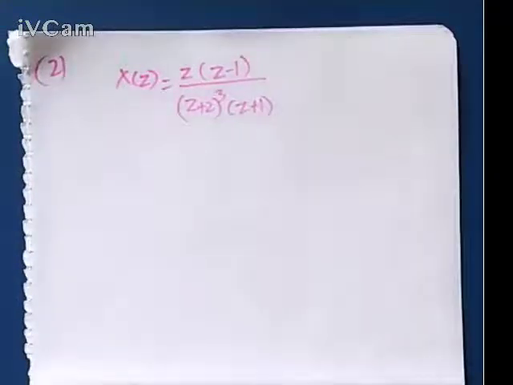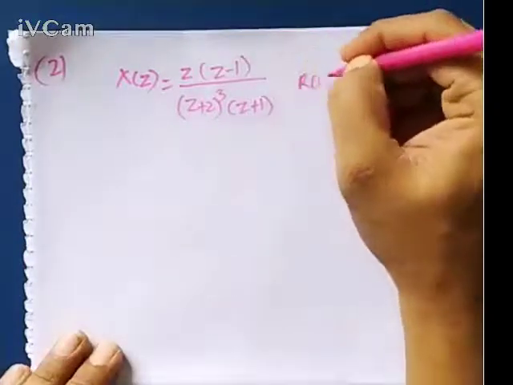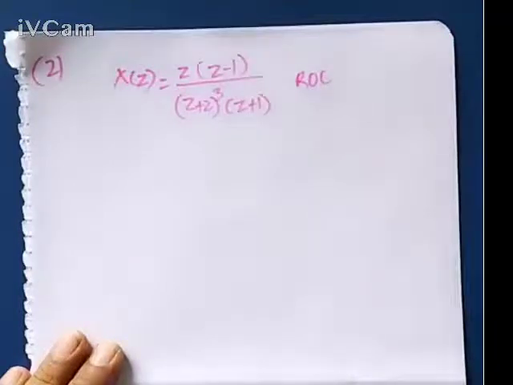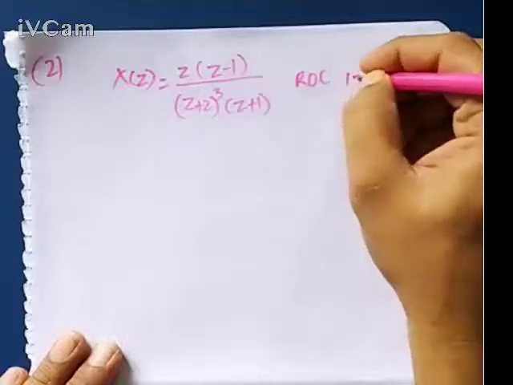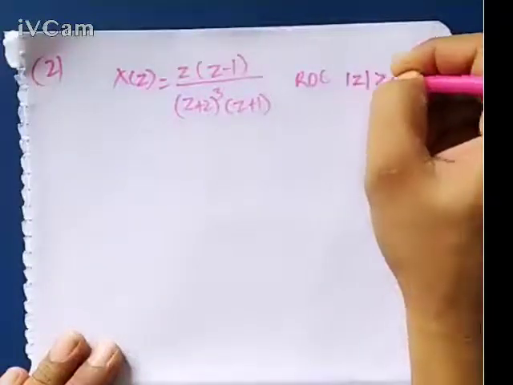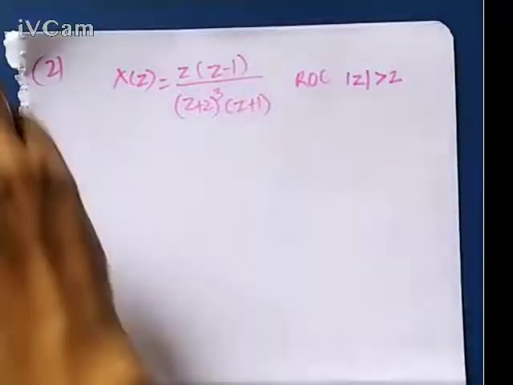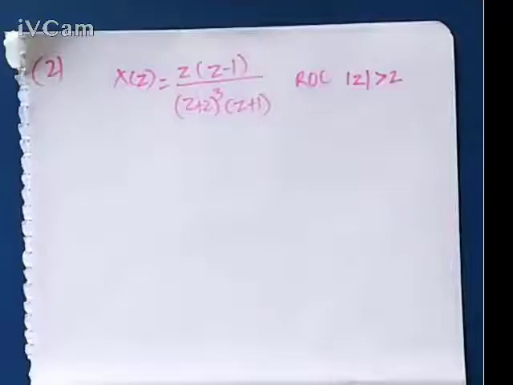So look into the given x of z, and ROC is, let me see that, ROC for the given expression is mod z is greater than 2. Okay, so by the given x of z, you identify what it is that has been given.